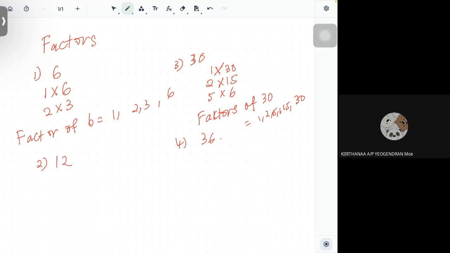These are the factors of 30. Yes, 10 times 3, 3 times 10, and then 5 times 6. Okay, these are the factors for 30.